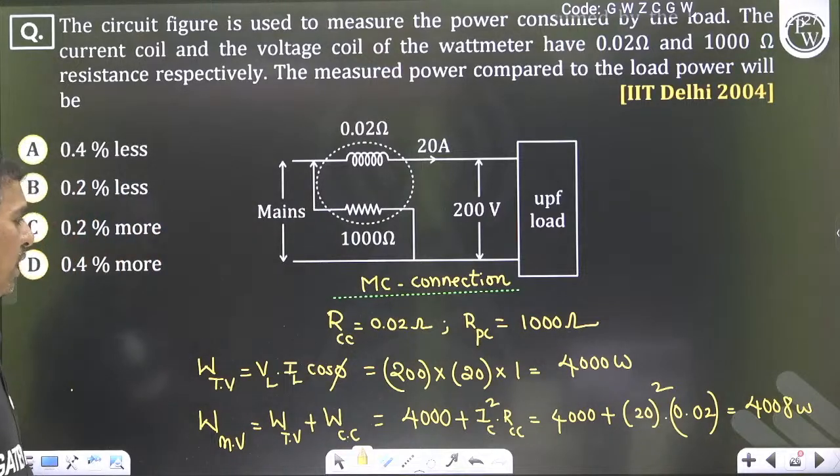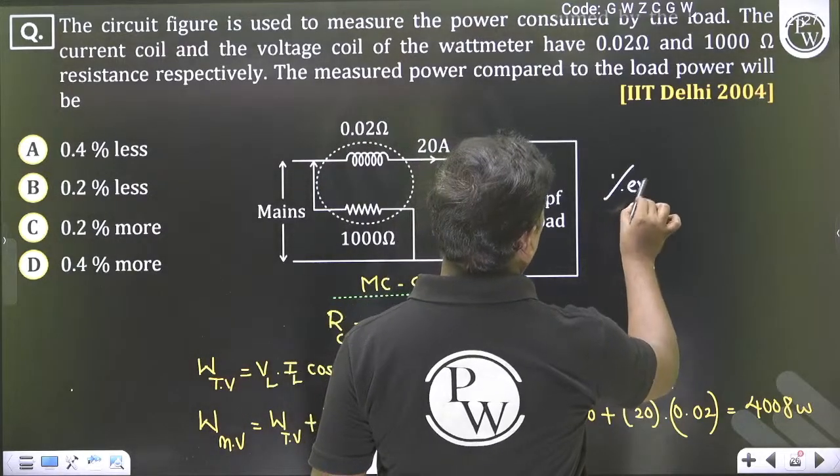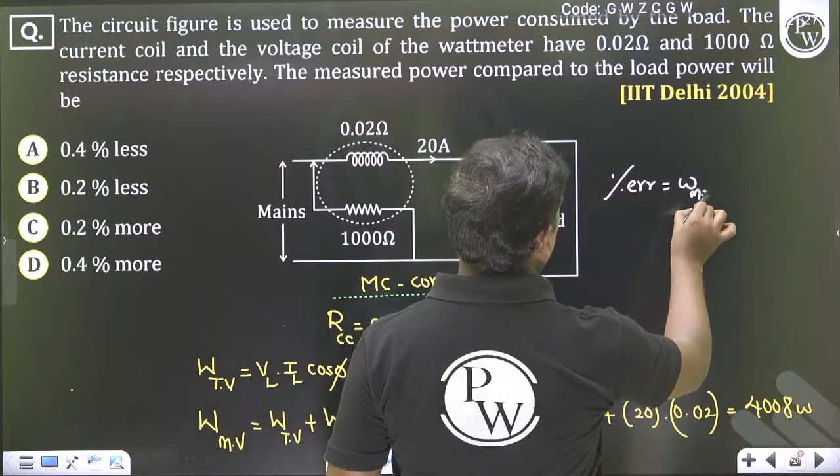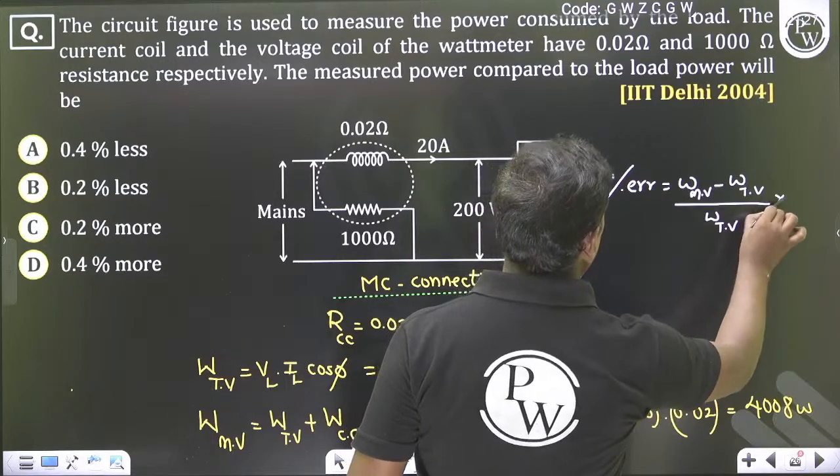नहीं मिस्टेक है, अभी बताइए जरा। करंट पासिंग द करंट कॉइल 20 amperes, 20 square, 20 into 20, 400. Resistance of the coil 0.02, so 20 into 20 by 200. am I right or not? 4008 watts. So what is the percentage error? फटाफट कर सकते हैं आप। परसेंटेज एरर इज नथिंग बट मेजरमेंट वैल्यू माइनस ट्रू वैल्यू बाई ट्रू वैल्यू इंटू 100.